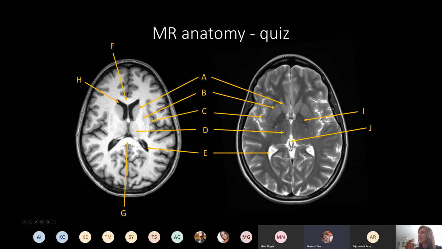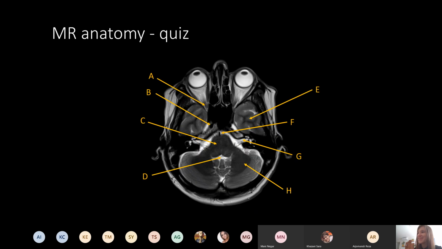Yes. And G. Genu of the corpus callosum. Yes. H. Anterior horn of the lateral ventricle. Yes. I. That's the globus pallidus. And J, that's the third ventricle. Well done. You're really good in anatomy. Learn it really well.